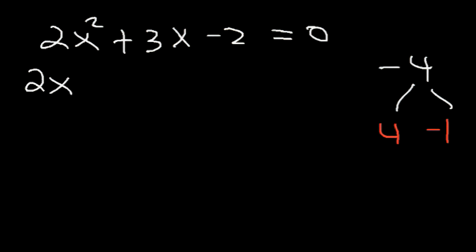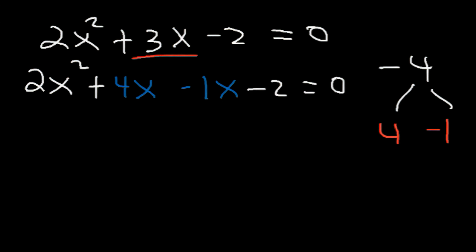Now, what we're going to do is replace the middle term 3x with 4x and negative 1x. Notice that the value of the expression is still the same. 4x minus 1x is 3x. Now, our next step is to factor by grouping. So let's factor the GCF from the first two terms and the last two terms.